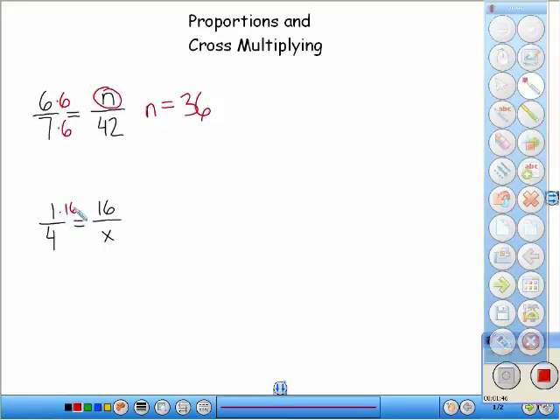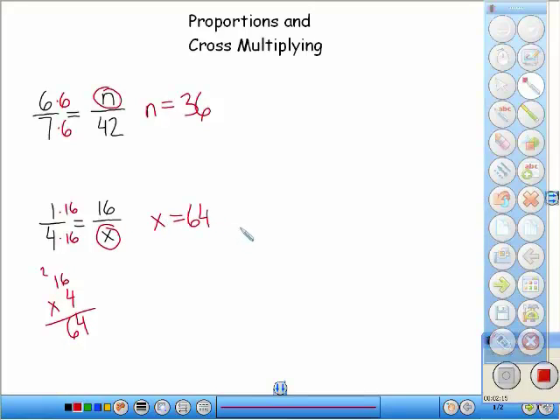And if I do that to the top, to the numerator, I have to do the same thing to the denominator. So 4 times 16 will be equal to x. So if I do the multiplication, 16 times 4, that's 24, carry a 2, so that would give me 64.